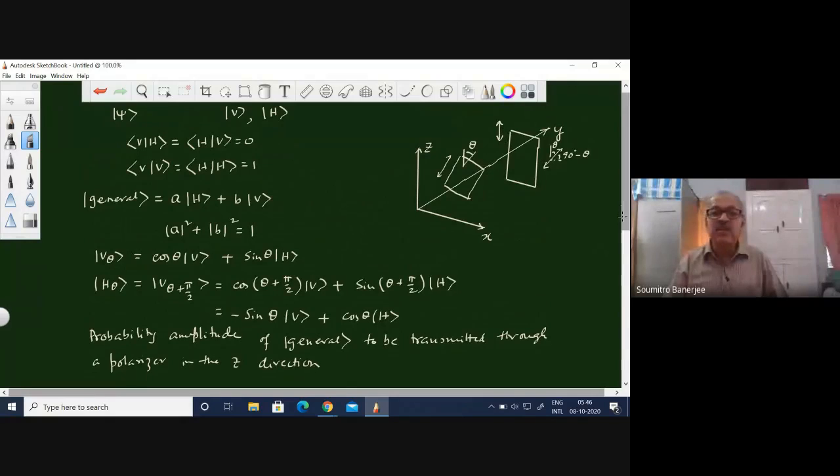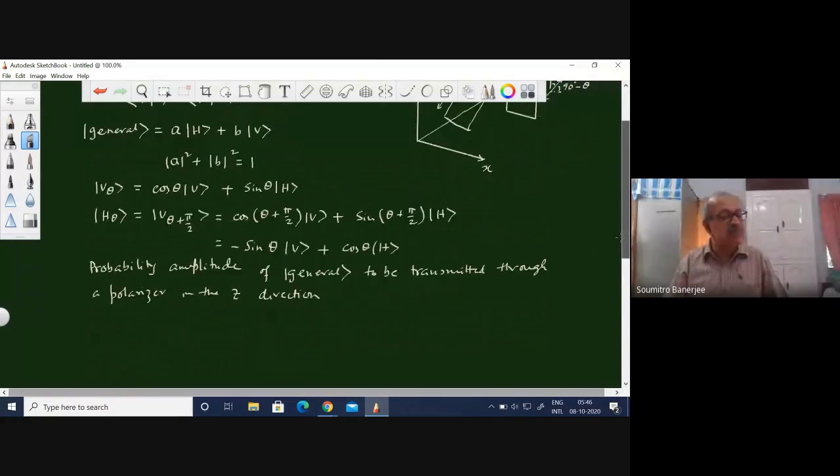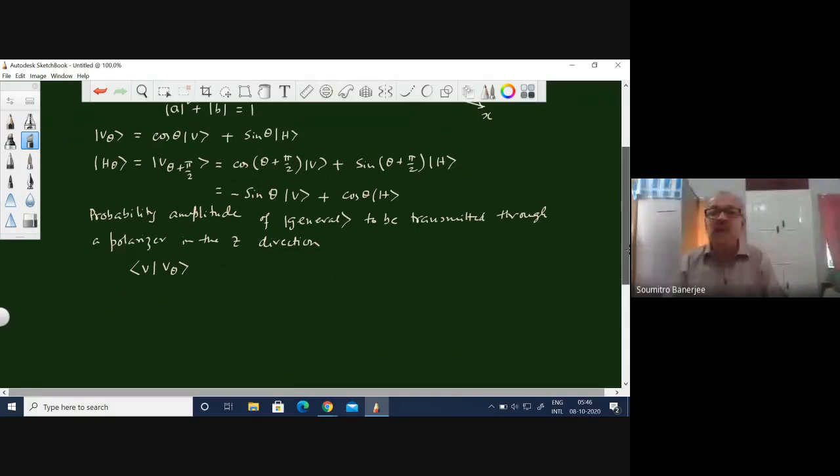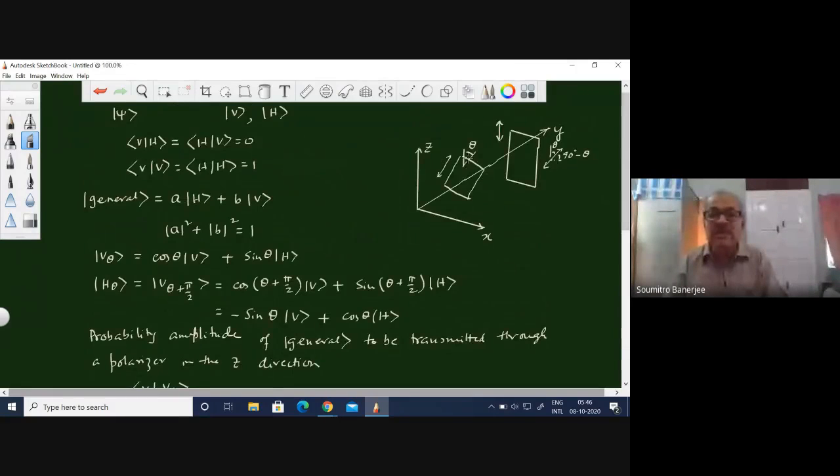So the standard formulation of quantum mechanics, and therefore what we actually need to do, is take a projection like this. This is V theta, the vertical orientation in the direction of theta, and we want its projection on the vertical orientation in the z direction.